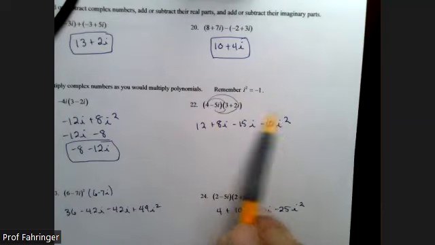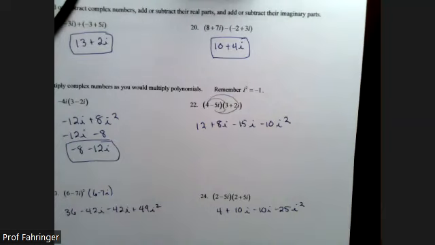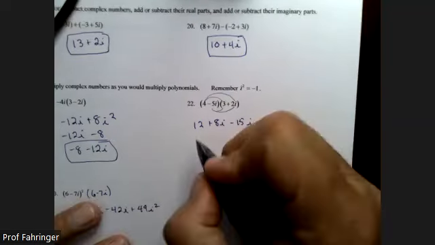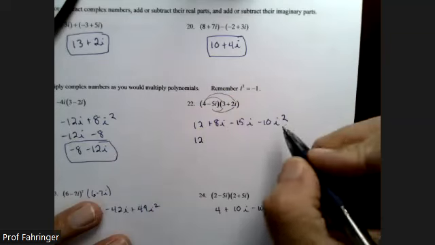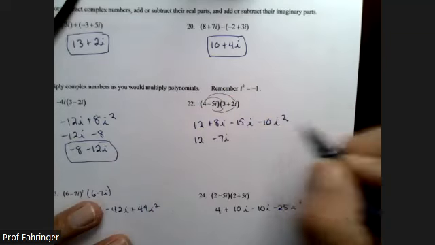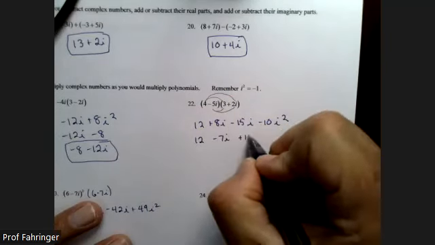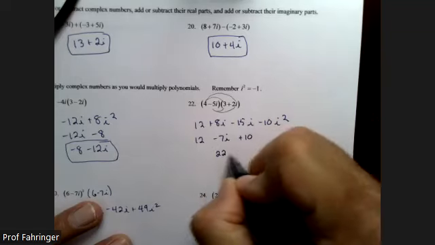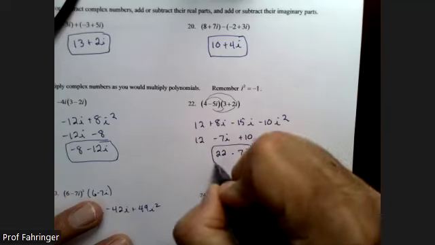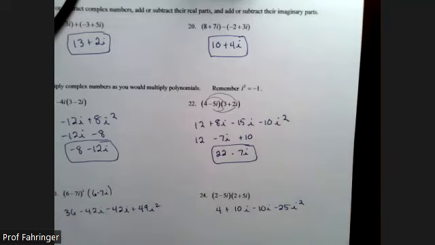Sometimes these are more than binomials, and it's good to think that way. 4 times 3 is 12. 8i minus 15i minus 10i squared. Okay. Let's see. This is 12 minus 7i, and that becomes plus 10. 22 minus 7i.